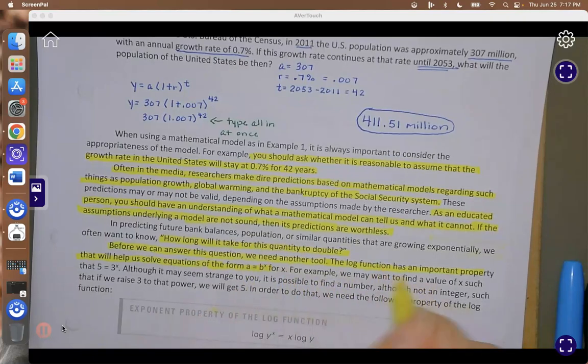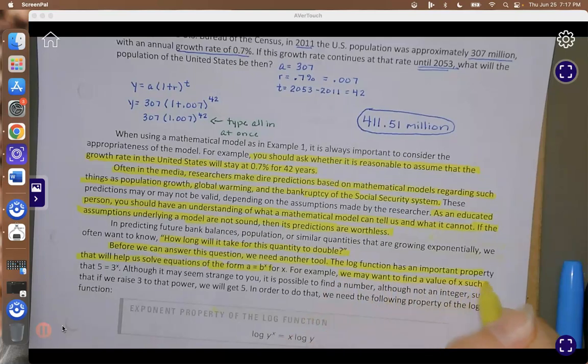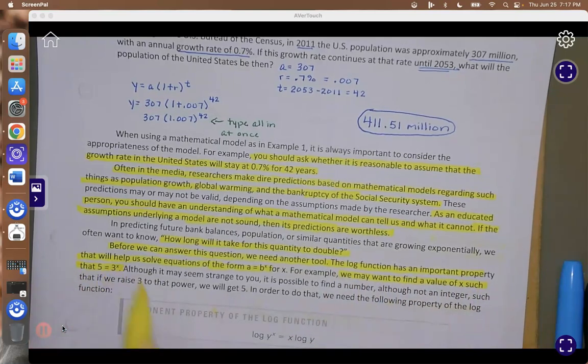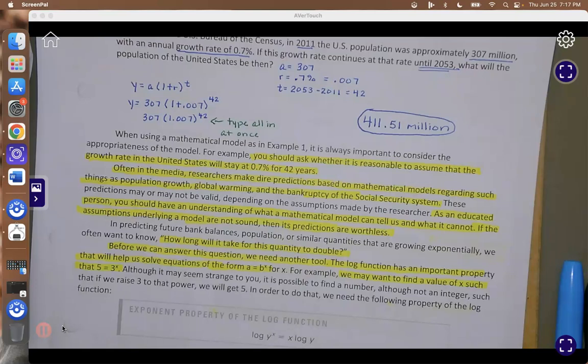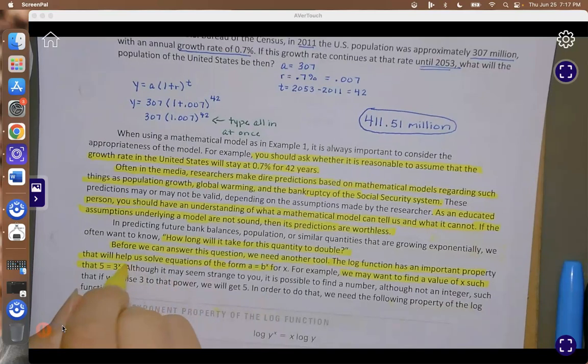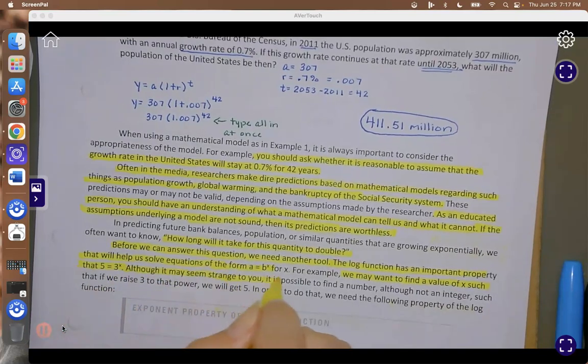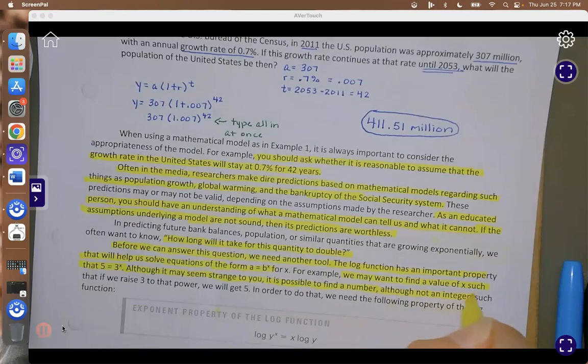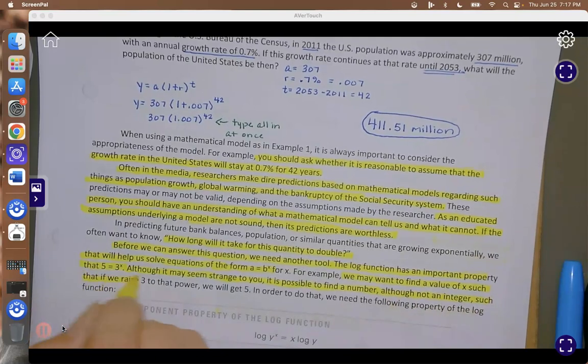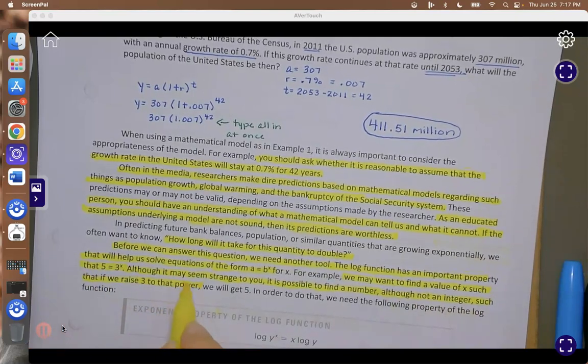For example, we may want to find the value of x such that 5 equals 3 to the x. Though it may seem strange to you, it is possible to find the number, although not an integer. So there's not a number that we can say 3 to the what power gives me 5. Okay, that's not going to be reasonable.